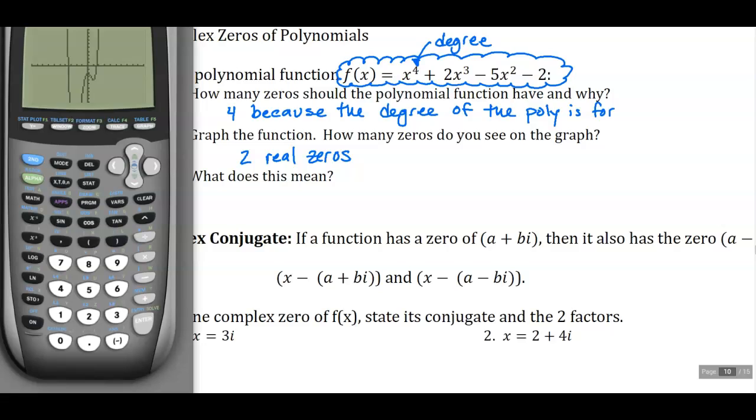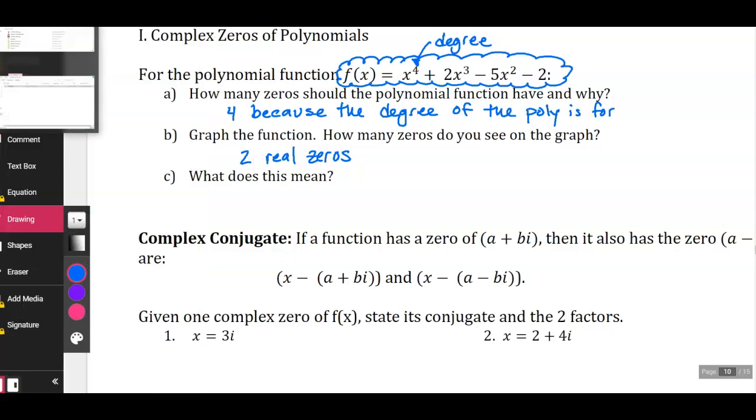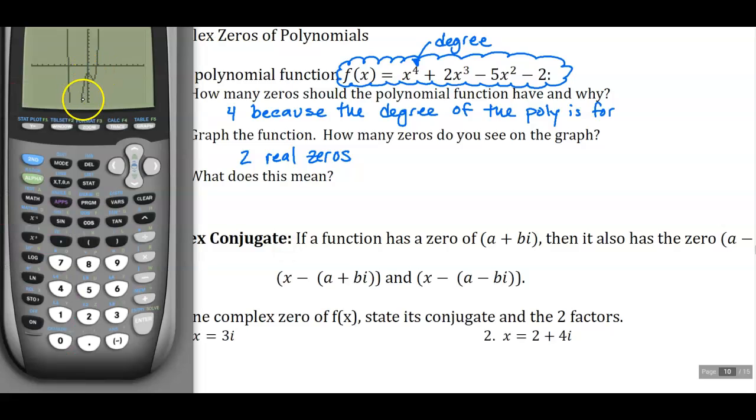You see how it goes down and then comes back up and then has a maximum point still below the x-axis? And then it goes down and then comes back up. All of that shape of the polynomial needs to be formed somehow. If we didn't have those imaginary zeros, all of the stuff in the middle would have been gone and it would have just gone down and then back up.